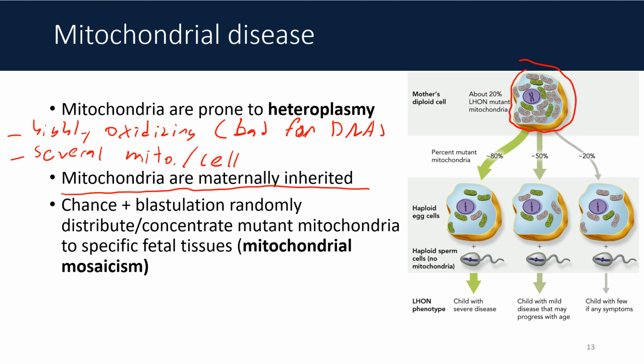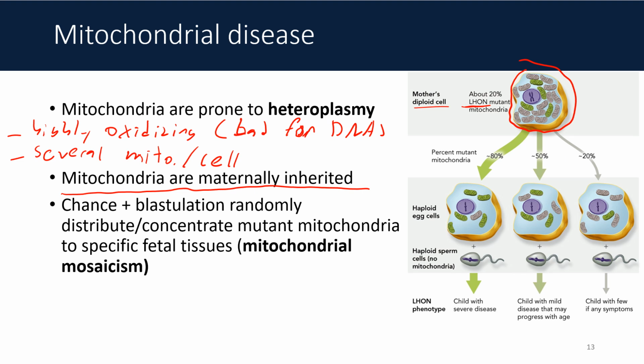And so let's do a little bit of a thought experiment now. Let's pretend that we have a diploid cell, some sort of a progenitor, and maybe 20% of the mitochondria have a defective complex 1, an LHON mutant. That stands for Leber's hereditary ocular neuropathy. And we are going to divide the diploid cell through meiosis into haploid egg cells.